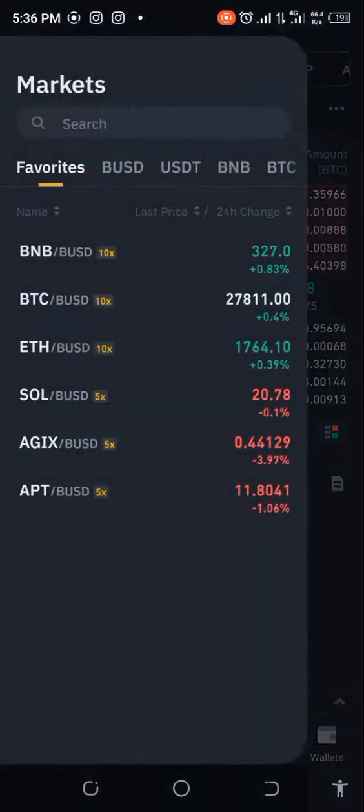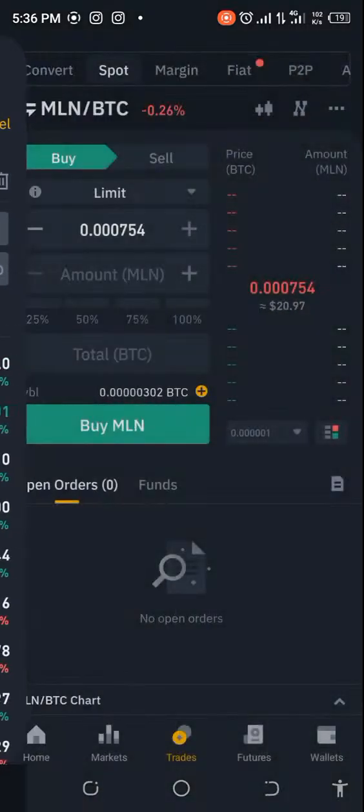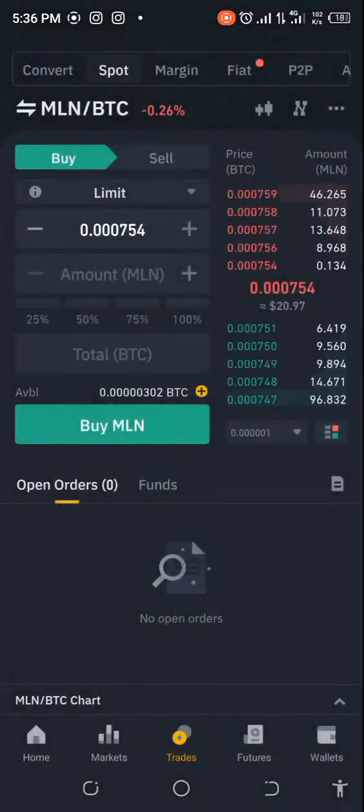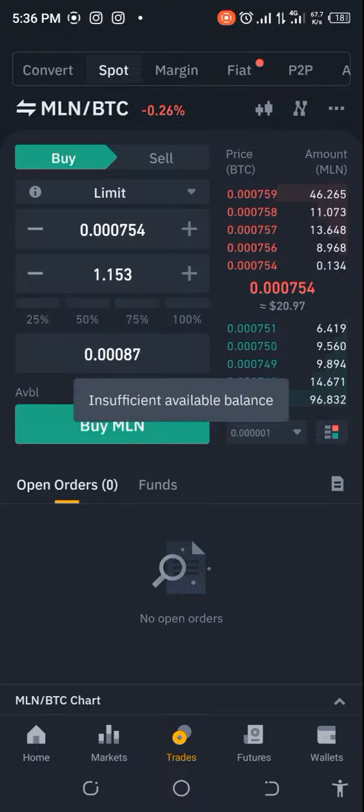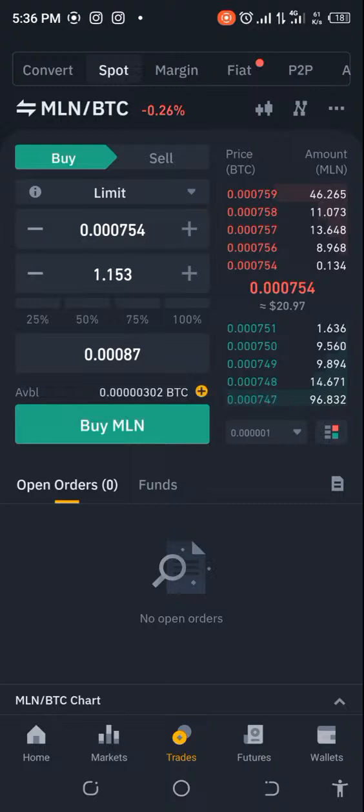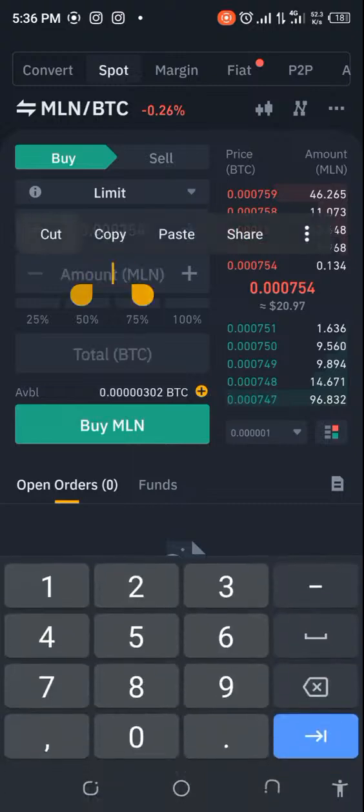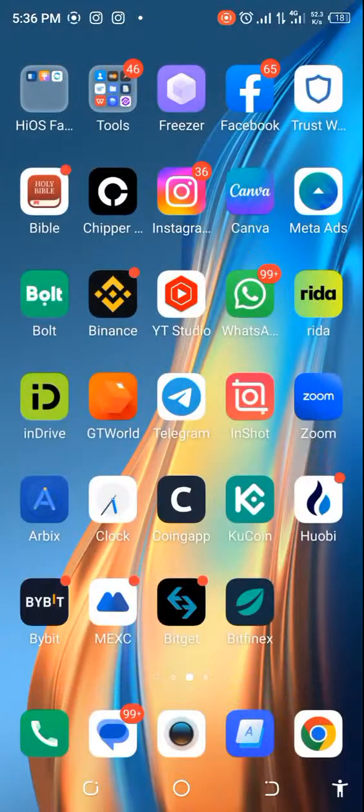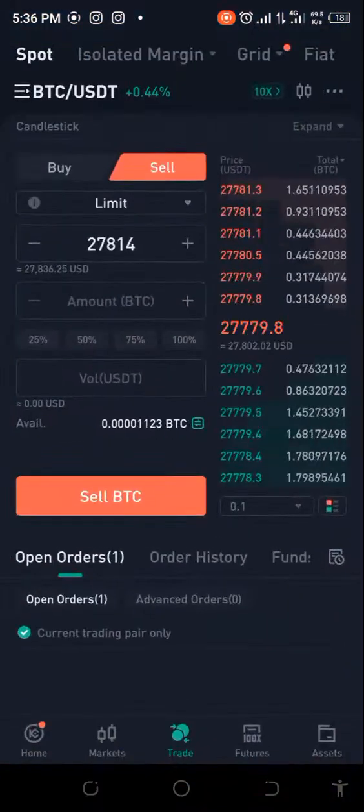Okay, so let's go ahead and do MLN BTC. All I have to do now is buy that, put in the BTC and buy that. So what I have is 1.153, which is good. If I check that, just copy that amount and go over to KuCoin immediately and check what it will be. Then we'll take off all the charges.